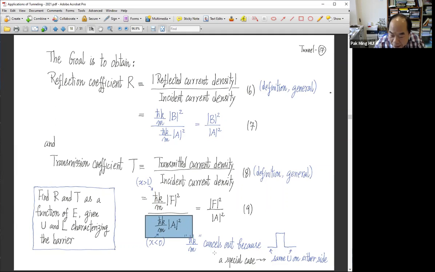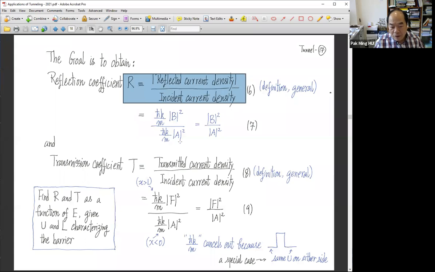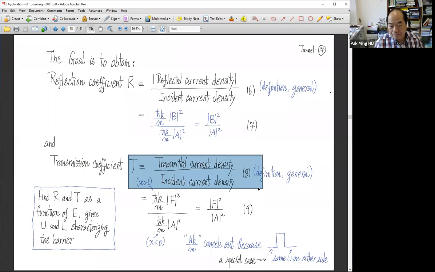In this particular problem, now pay attention, only for this particular problem, with these two sides being U equals 0 on both sides, the prefactor cancels. And then we are looking for F over A. All right? Now, let me stress it one more time. This is the formal definition of R and T.